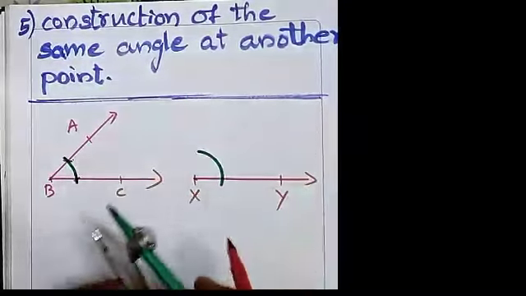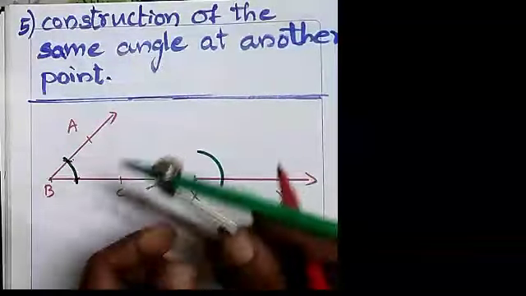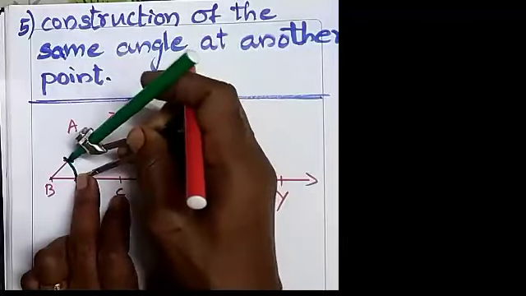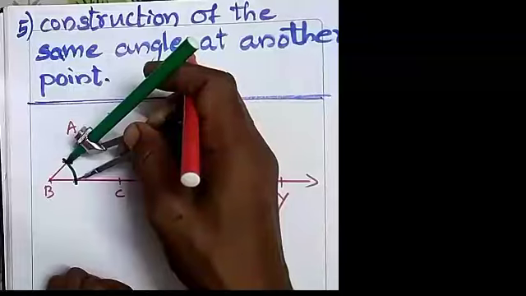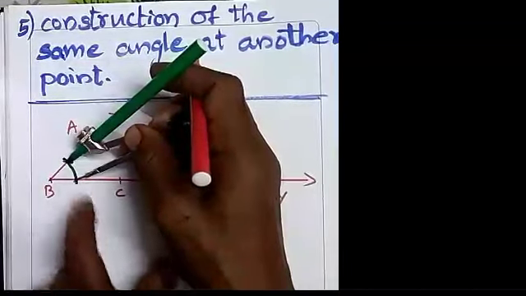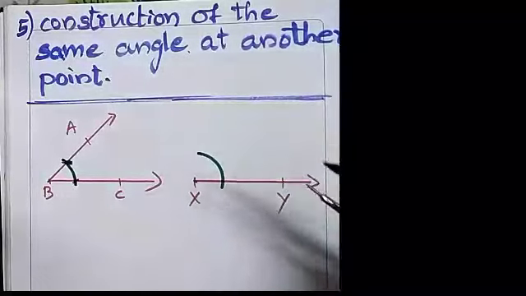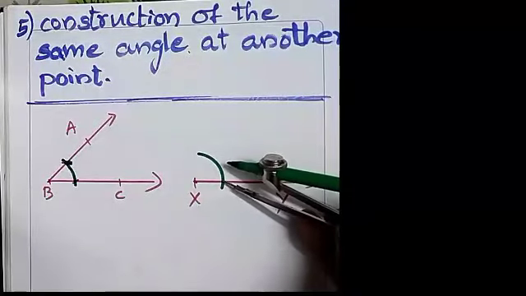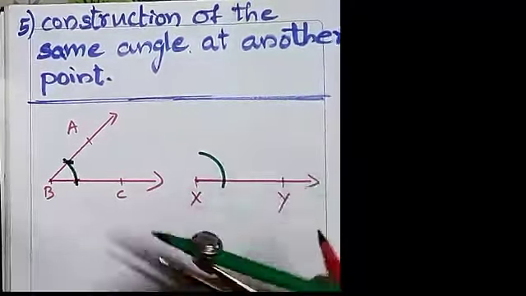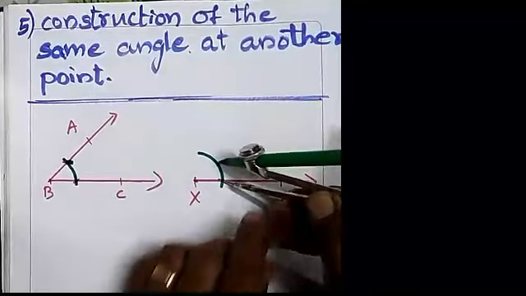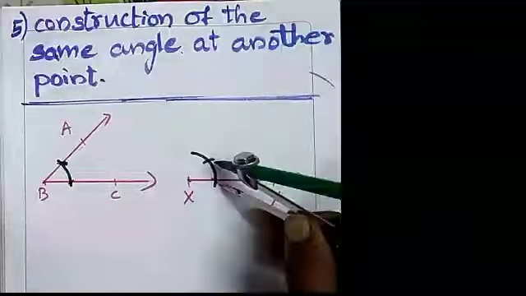These two points: you select the length of the arc between them in your compass. This distance we need to draw from this intersecting point. You can see one point here. With this point, you need to draw the arc.